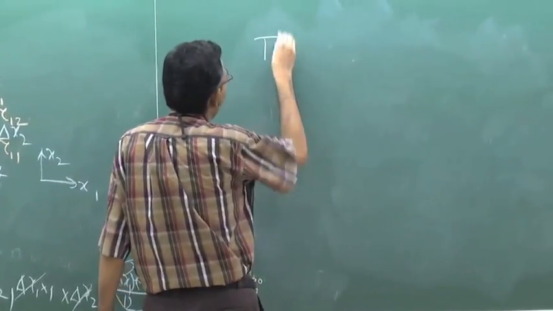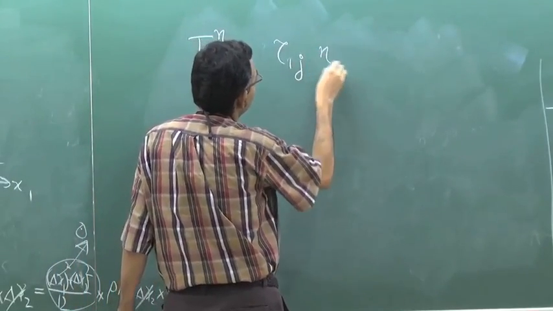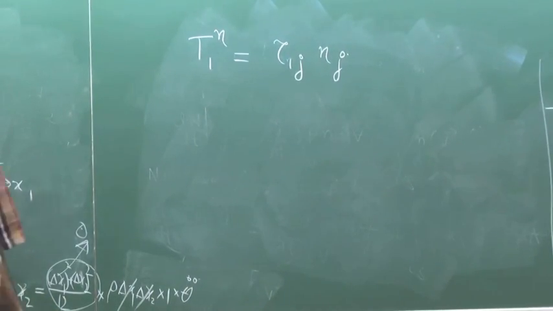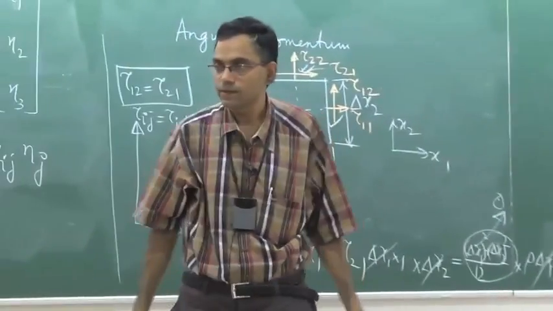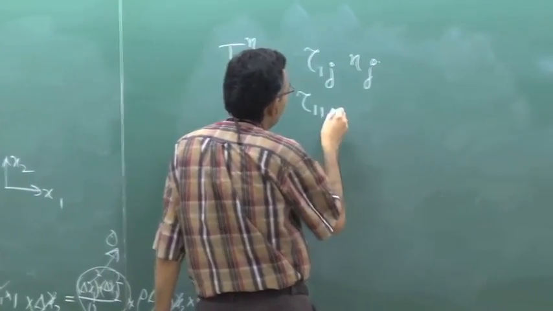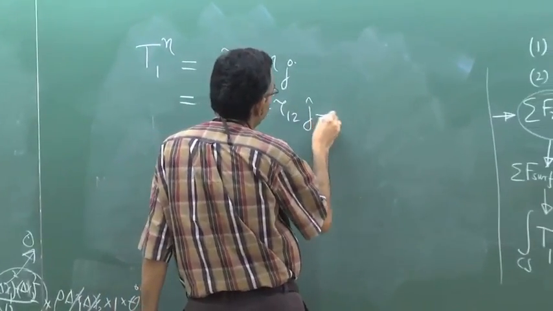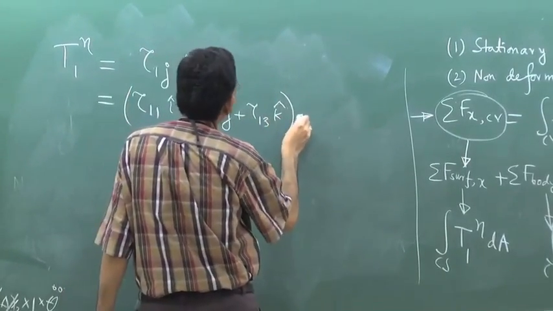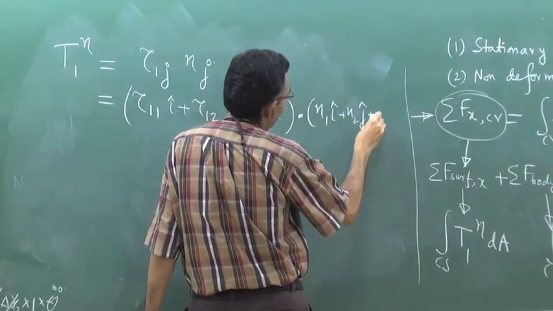Now, you can write T1. Because Ti is tau ij eta j, so T1 is tau 1j eta j. Okay. So, this we can write as (tau 11 i plus tau 12 j plus tau 13 k) dot with (eta 1 i plus eta 2 j plus eta 3 k).